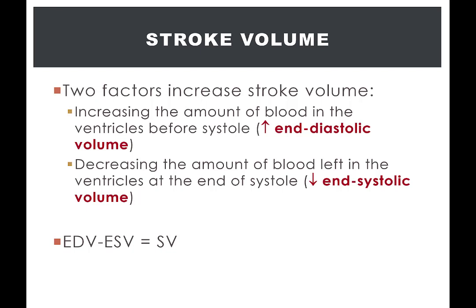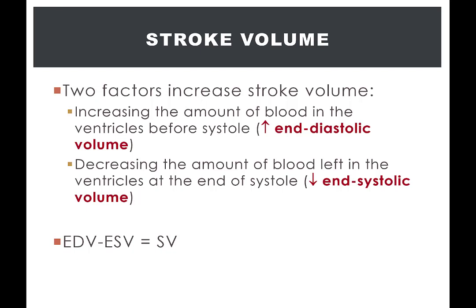The two factors of stroke volume are end diastolic volume and end systolic volume, or EDV and ESV for short, respectively. End diastolic volume is the volume of blood that fills the ventricle before contraction, aka systole. And the end systolic volume is the residual amount of blood left in the ventricle after contraction, or again, systole.